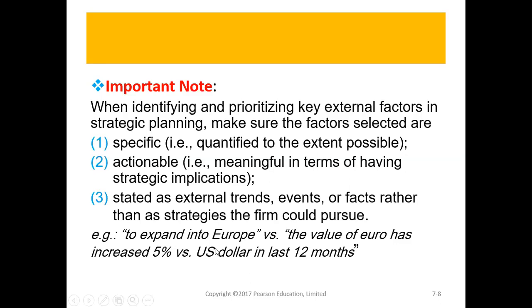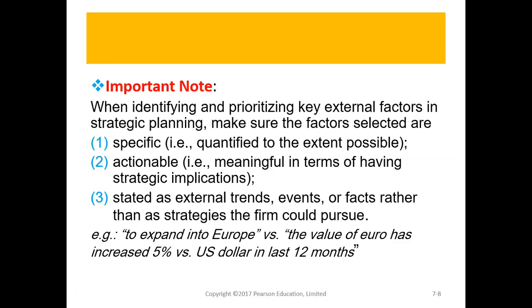So when I'm stating it as an external factor, or as an external opportunity, I cannot write it as my opportunity is to expand to Europe. In that way, that's going to be the strategy. But I'm going to state it in the form that the value of the euro has increased 5% versus the dollar in the last 12 months. That's the trend. That's the external factor, okay?